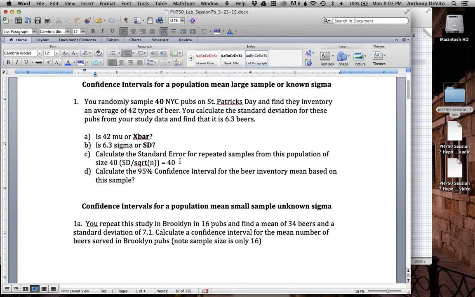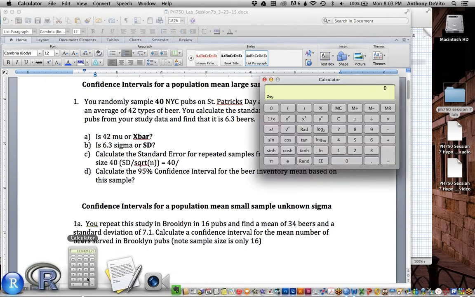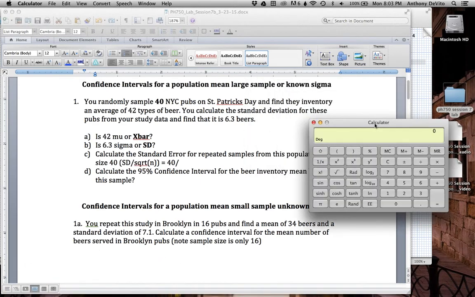It's going to be 6.3 divided by the square root of the sample size, which is 40. I'm going to get my calculator out. Let's see, the square root of 40 is that. I'm going to put that into memory. Clear. And what was the standard deviation again? 6.3.